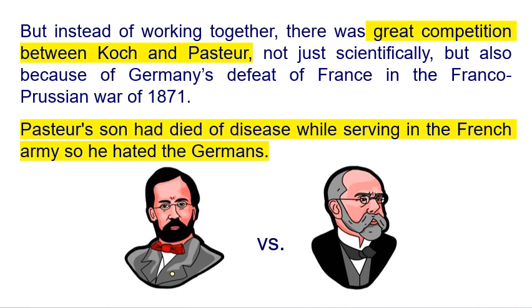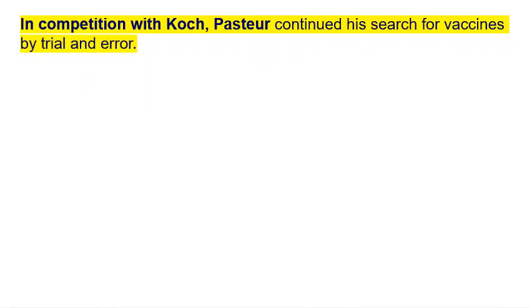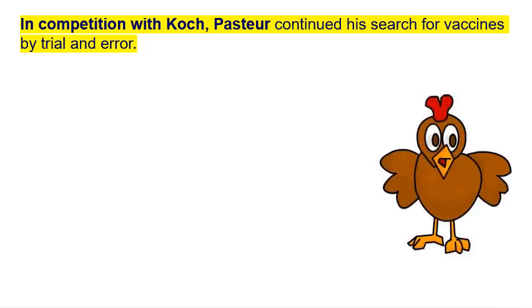His son had died of disease itself, or a disease. I think it was diphtheria or typhoid, while away fighting the Germans. So he hated them because, as far as he was concerned, his son would never have gone away if it wasn't for them. Okay, so he didn't want anything to do with people like Koch because they were German. Okay? So they competed with each other to try and find vaccines for diseases the quickest. Okay.